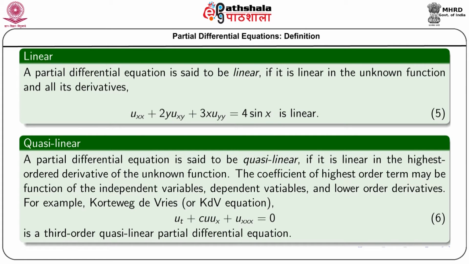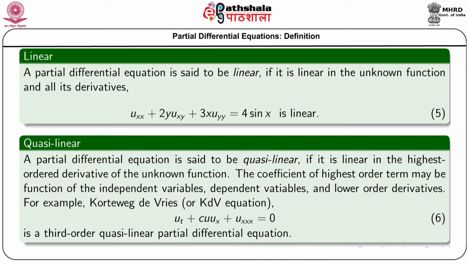Now, we shall define a quasi-linear differential equation. A partial differential equation is said to be quasi-linear if it is linear in the highest order derivative of the unknown function. The coefficient of the highest order term may be a function of independent variables, dependent variables, and the lower order derivatives.